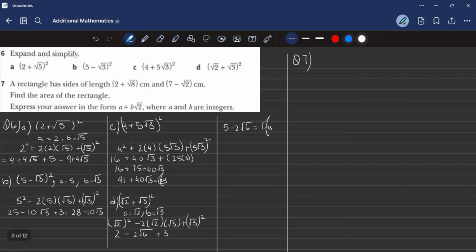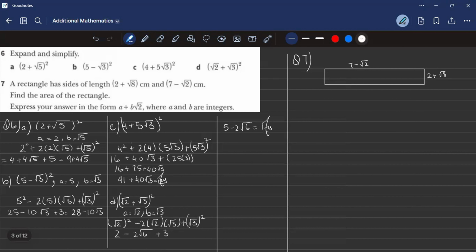The thing is that it is not necessary to know which is the height and which is the breadth. So basically they have given us this rectangle, and they've told us that it has sides of length this and this. So this is 7 minus under root 2 and this is 2 plus under root 8.